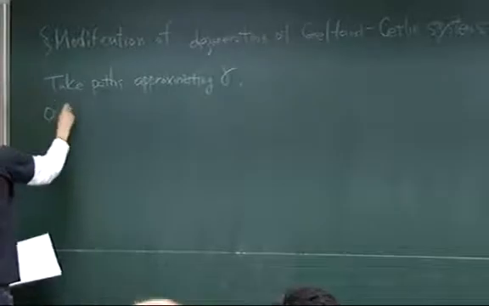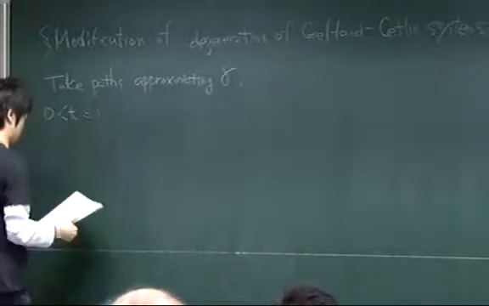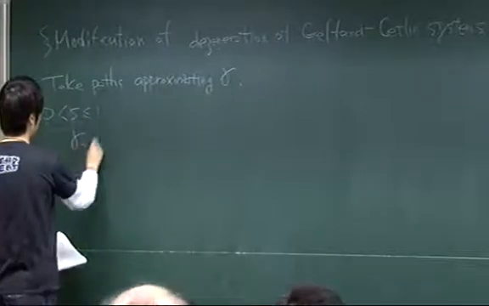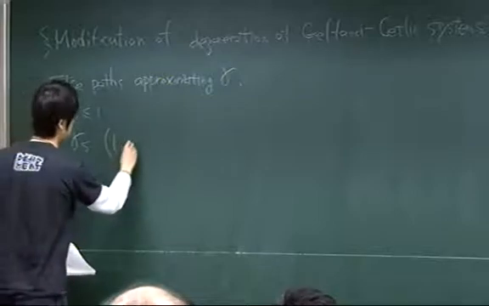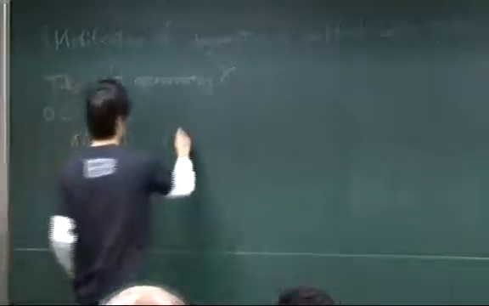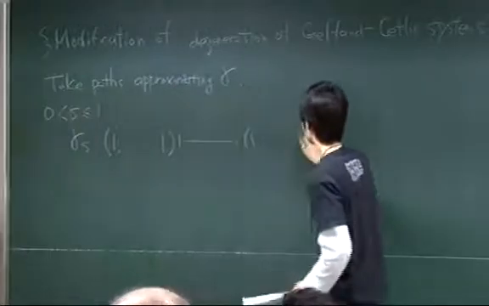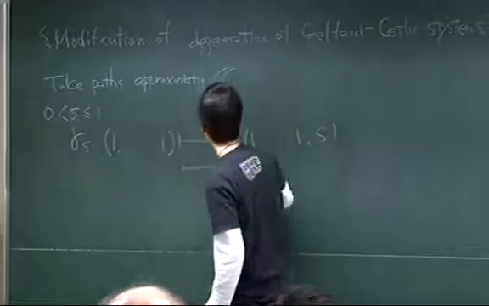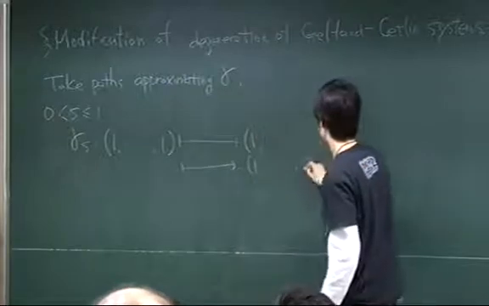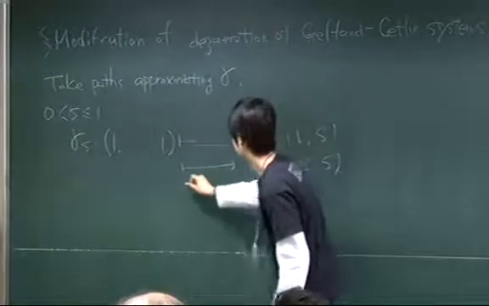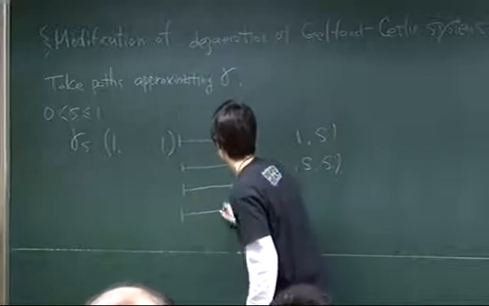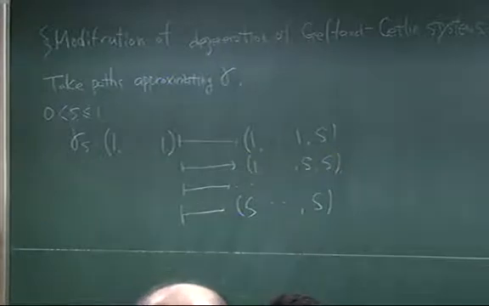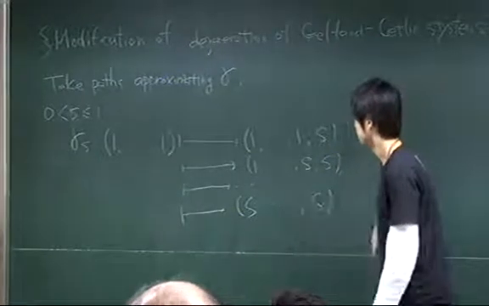Namely, gamma S starts from the same point and goes to the coordinate where the last coordinate is S, and so on, and finally reaches the point where all the coordinates are S.